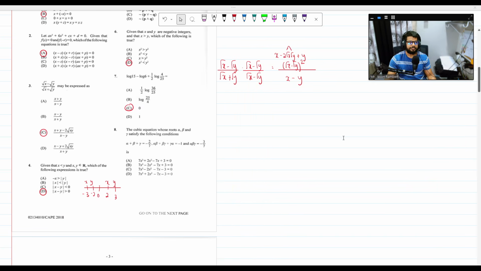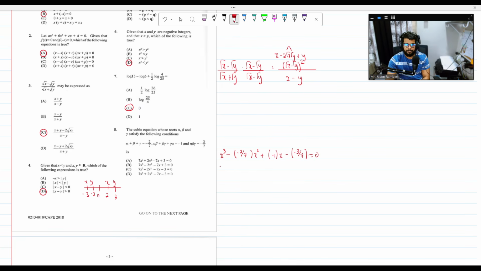Number 8. The cubic equation whose roots alpha, beta, and gamma satisfy the following conditions: alpha plus beta plus gamma is minus 2/7, alpha beta plus alpha gamma plus gamma beta is minus 1, and alpha beta gamma is negative 3/7. So we want the cubic. We know it's going to be x cubed minus the sum of the roots, minus 2/7, x squared, plus the sum of the product of each pair, which is minus 1, x, minus the product of the roots, which is minus 3/7, equal to 0.